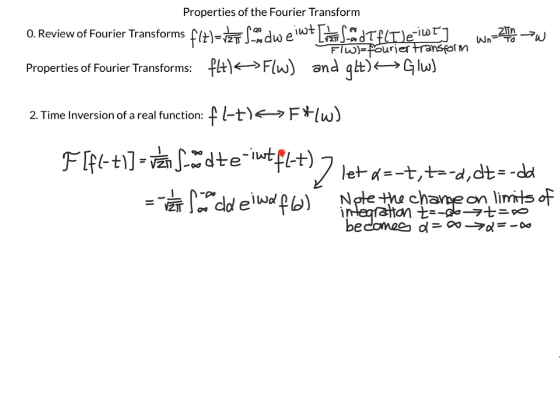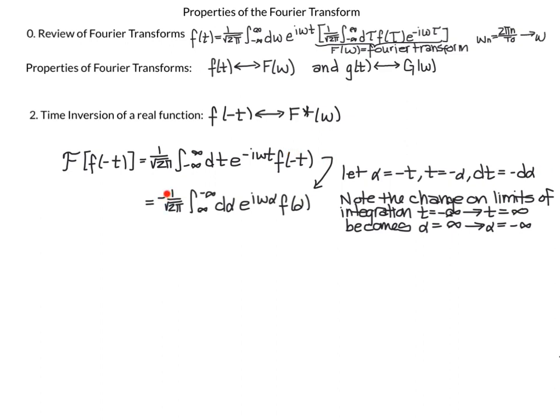Since we usually don't integrate f of negative t, but something of the form like f of t, we're going to make a substitution for alpha equals negative t. That way when we plug in we get f of alpha, which is more normal. So if alpha is equal to negative t, then t is equal to negative alpha, and dt is equal to negative d alpha. So let's look and see how this changes our formula.